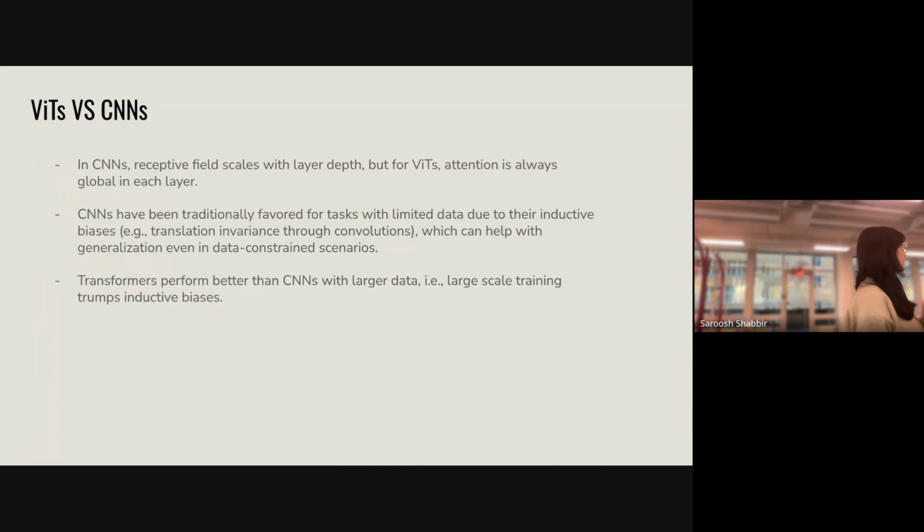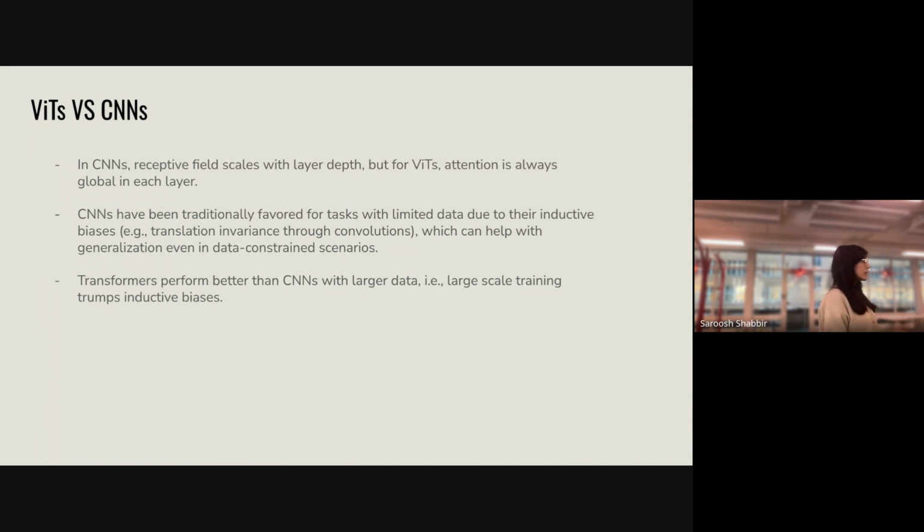So the transformer knows everything about everything at each layer, which is not the case for convolutional neural networks, which is the reason why they've been favorable for tasks with limited data. Because of their inductive biases, which is translational invariance.